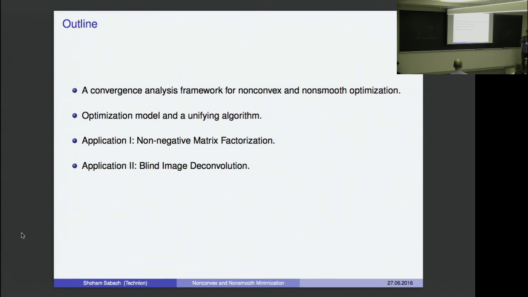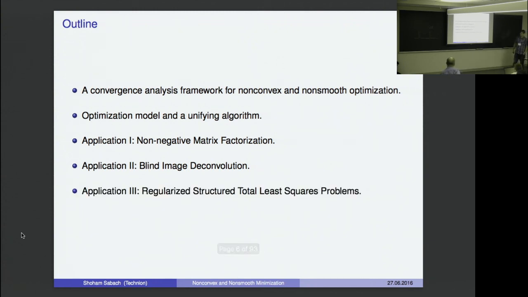I will conclude my talk with another application, which will need a modification of the unifying algorithm, for solving the regularized structured total least squares problem. I will explain what the problem is later on if you are not familiar with it.